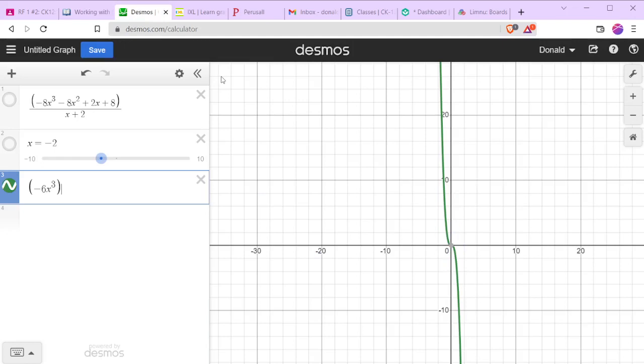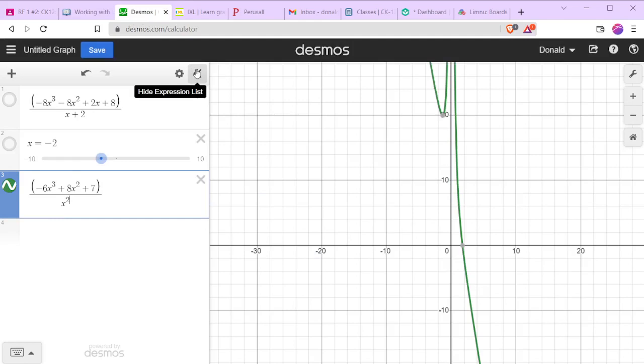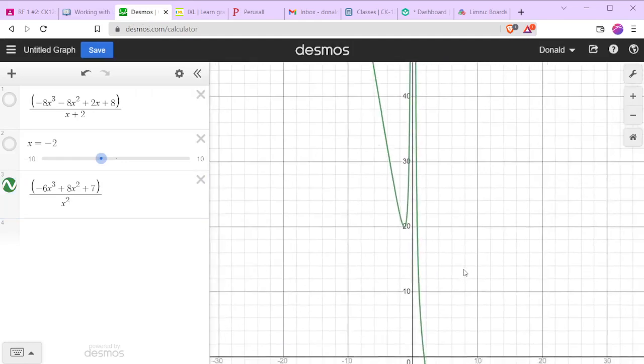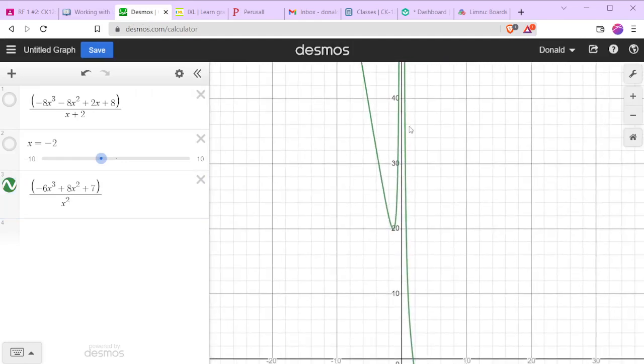Oh, it needs to still be in the brackets. Plus 7. And it's all over x squared. So this one, our asymptote is a little more obvious at x equals 0 here.